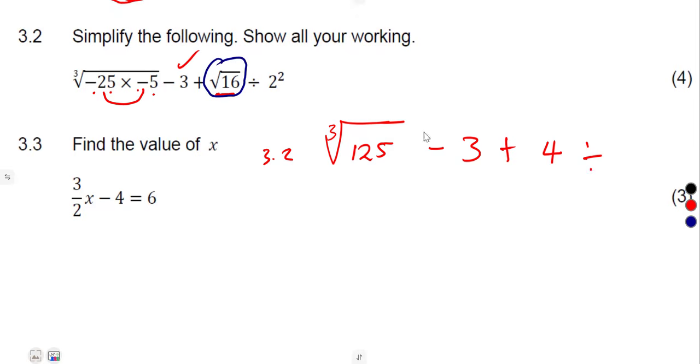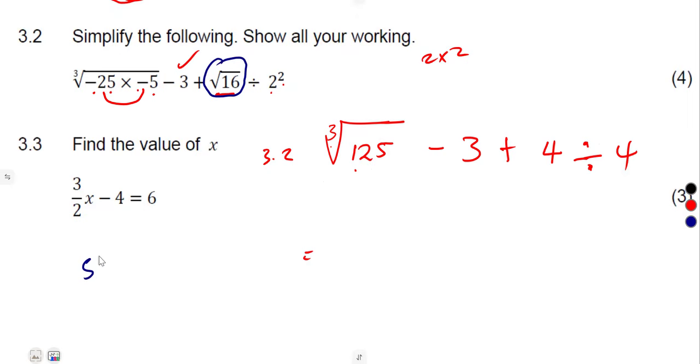All right. So that's divided by what? Divided by 2 to the exponent of 2. That's 2 times 2, which is 4. All right. Let's just try to simplify a little bit further. The cube root of 125. The number that multiplies itself 3 times to give us 125. Or you can just say, can I write this 125 in index form?